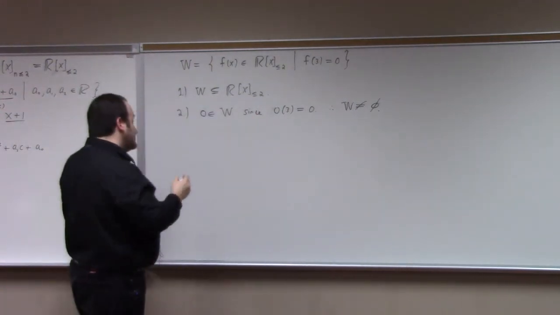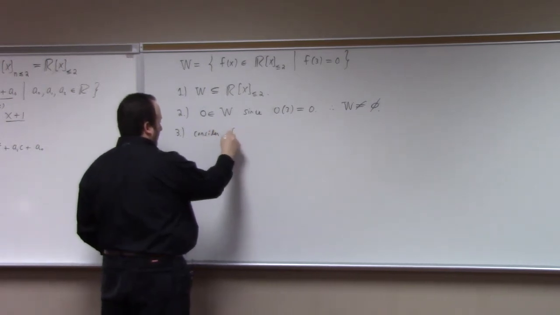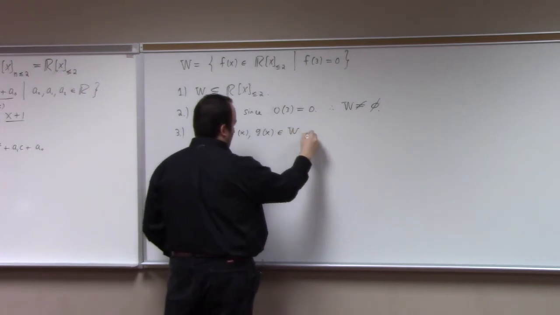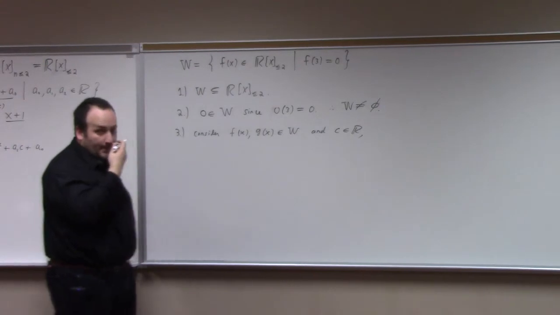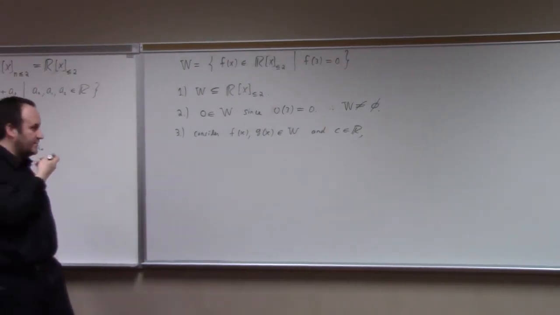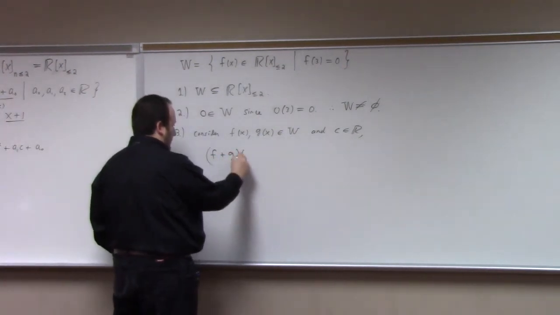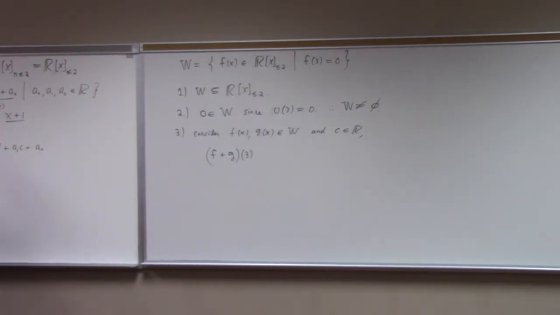So what's next? 3, we should consider what? f of x and g of x in W, and take a real number c. What do we need to check? How about f plus g? If we calculate f plus g of 3, by the way, guys, what I'm really advocating here is that we look at polynomials as functions. It's just convenient.